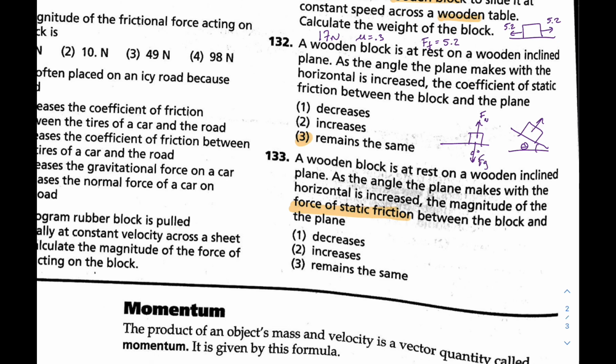But as we increase this angle, some of this Fg is still pulling it into the ramp, which means normal force has to cancel that out. But some of it is pulling it down the ramp, which means that no matter what, the normal force must be less. There's less gravity pulling it into the ramp. So because the normal force has to be less, that means the force of friction must be less. It must decrease. It must be this choice 1 right here.